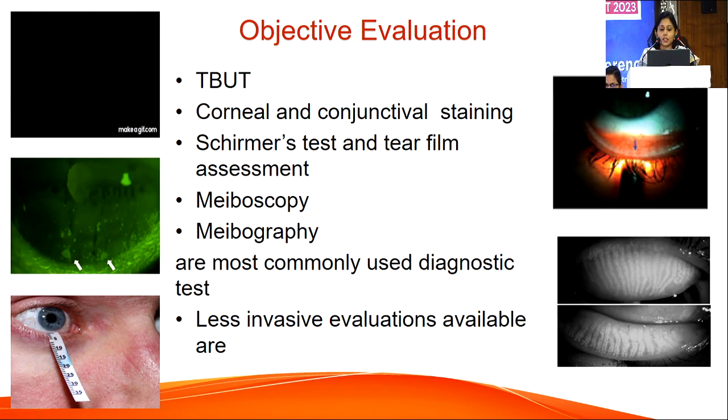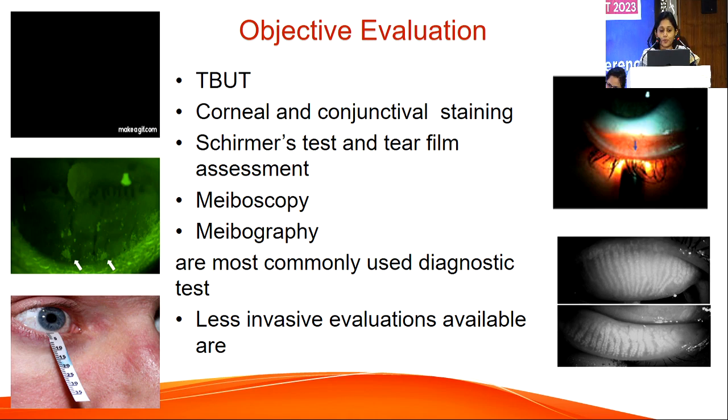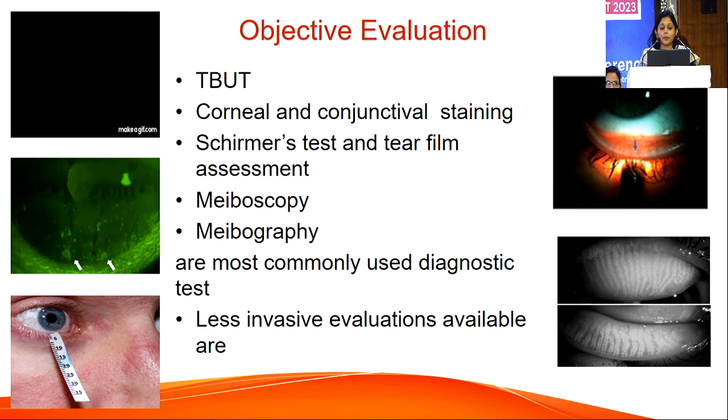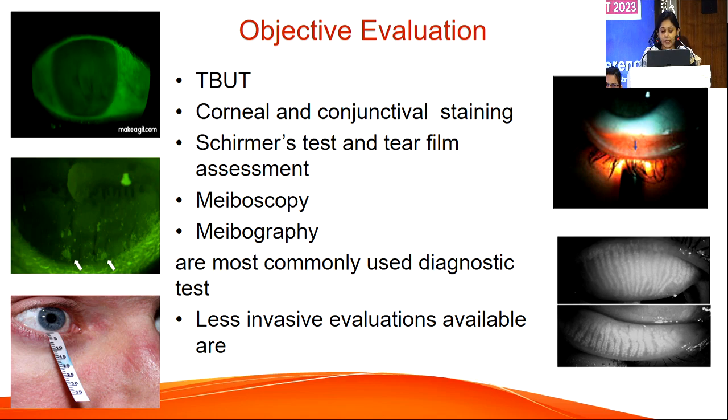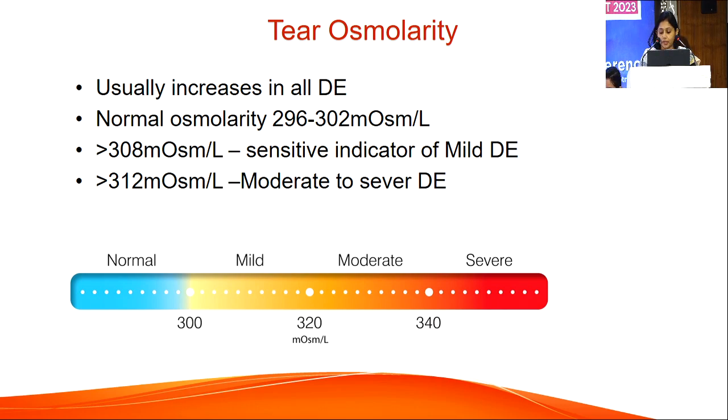Objective evaluation traditionally has involved the TBUT, the tear film breakup time, corneal and conjunctival staining, Schirmer's test and tear film assessment, meiboscopy and meibography. But latest, very less invasive evaluation techniques are available, starting with tear film osmolarity.